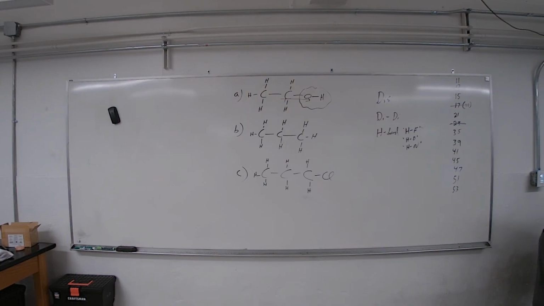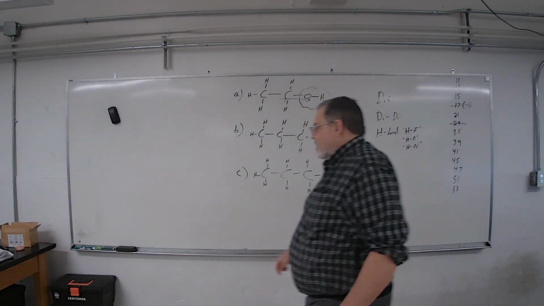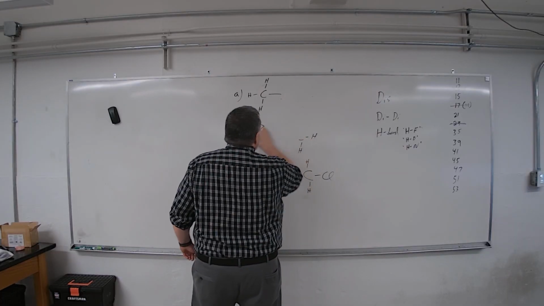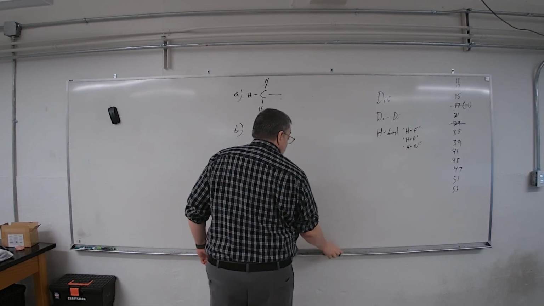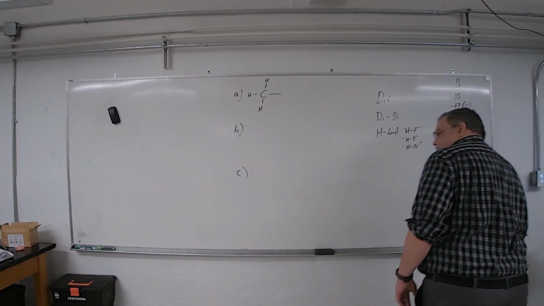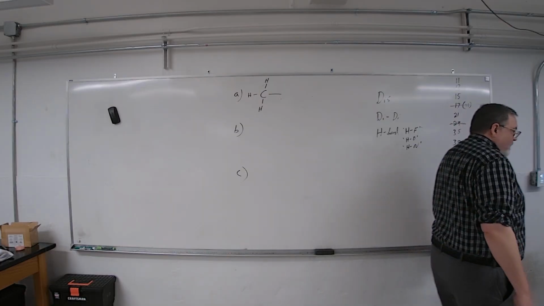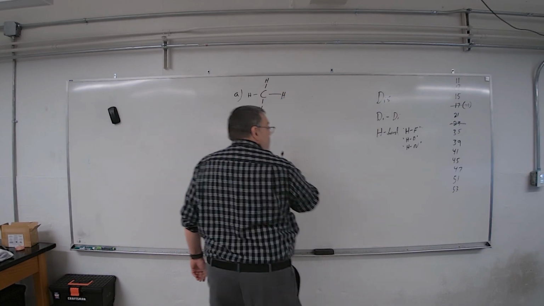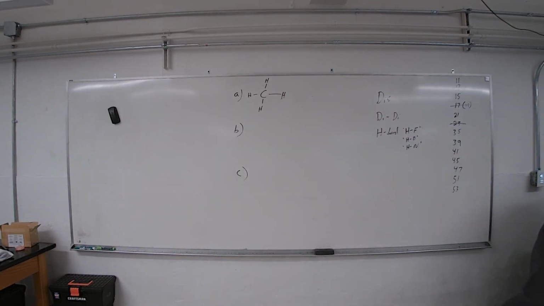Okay, CH4 to NH3 to H2O. CH4 is 45. Yes. We'll look at drawing more. That's it.